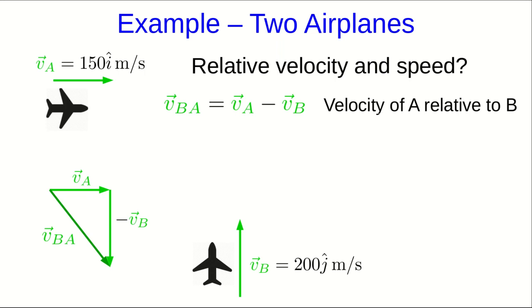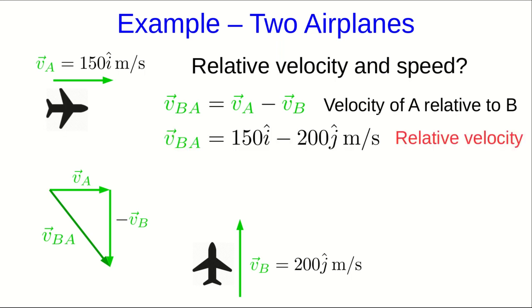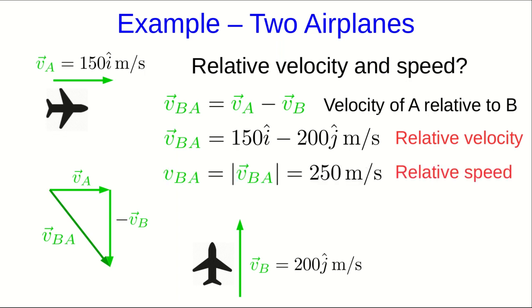And note that that corresponds to this drawing. Given that you know how big these two vectors are, you might see that you can immediately, very quickly, write down what the relative speed is. But let's calculate it. So that gives us a relative velocity, which is just this subtraction, and we simply take the magnitude of that to get the relative speed.